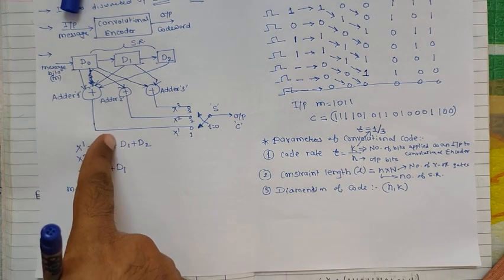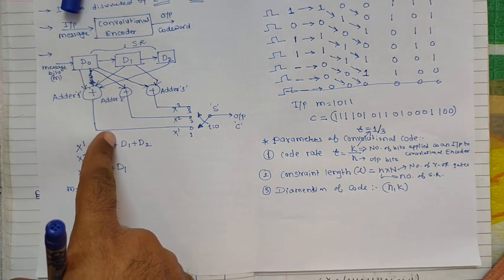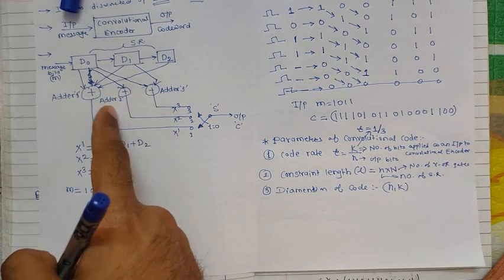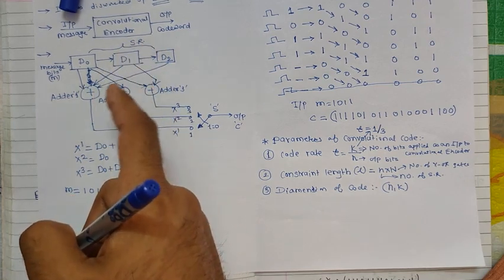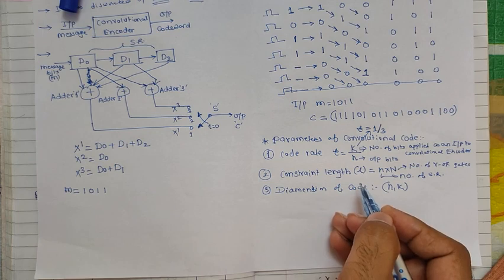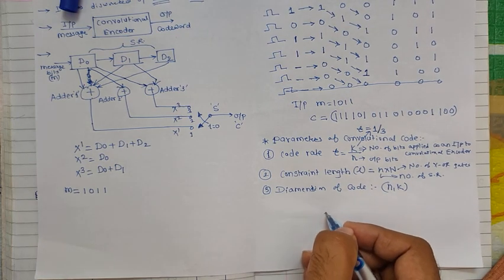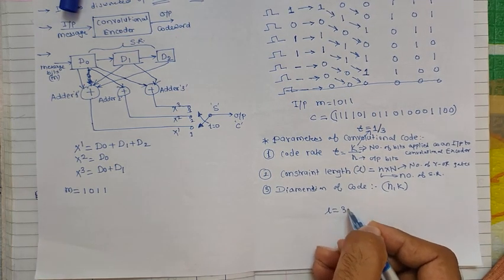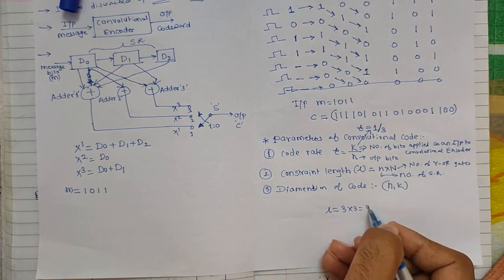So in my previous example, the number of XOR gates is 3, and the number of shift registers is 3. So what will be the constraint length here? The value of the constraint length L is equal to 3 into 3, which is 9.